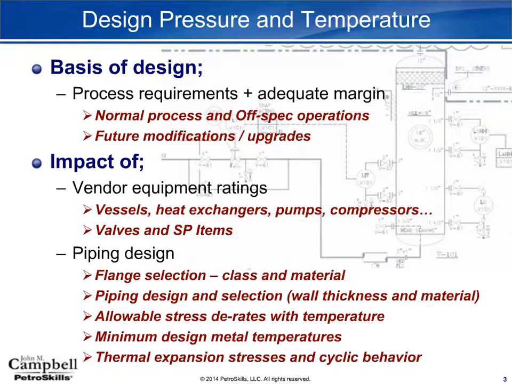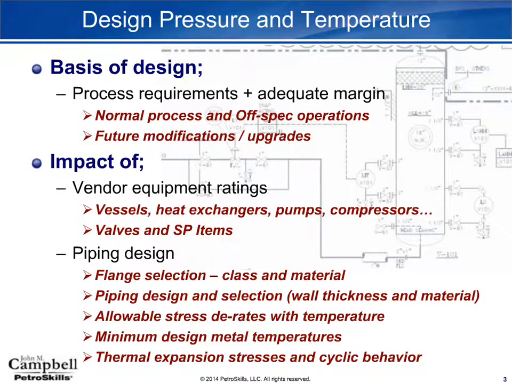In this webinar, we don't have quite enough time to jump into that, nor do we have the time to think about the thermal expansion and cyclic effects, expansive stresses, which the piping designer needs to be cognizant of.